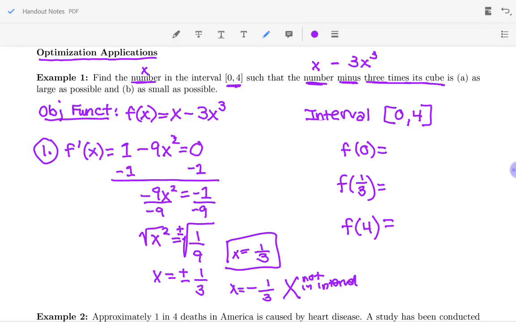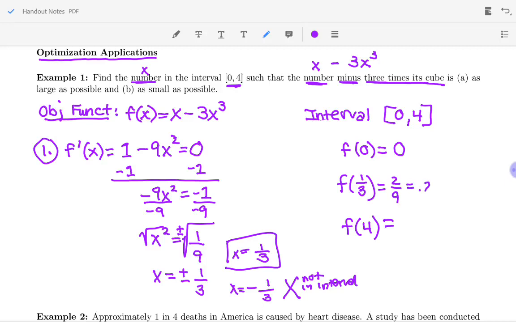So if you didn't know and maybe you guessed, you might say that plugging in 0 is going to give you the smallest sum and 4 is going to give you the largest sum. But let's see if that actually is true. So if we plug in 0, we're looking at y values, so we plug into the original function, 0 minus 3 times 0 cubed. That's just 0. If we plug in 1/3 to the original function, 1/3 minus 3 times 1/3 cubed, that gives us 0.2 repeating, which is 2/9.